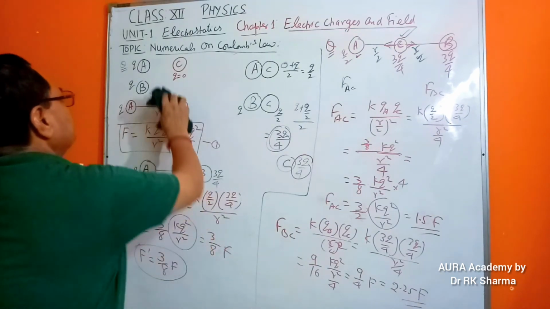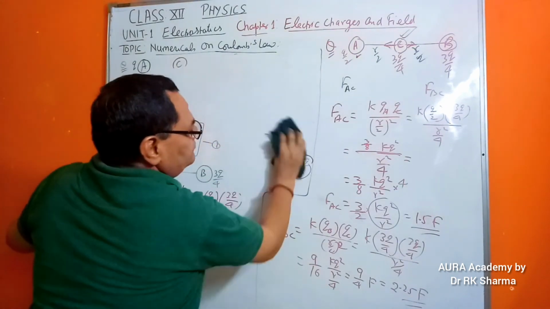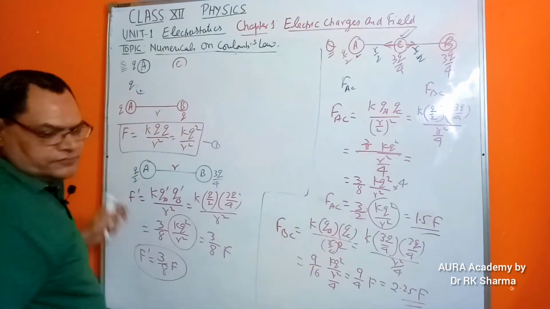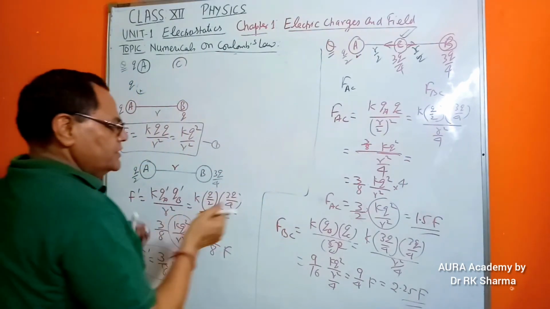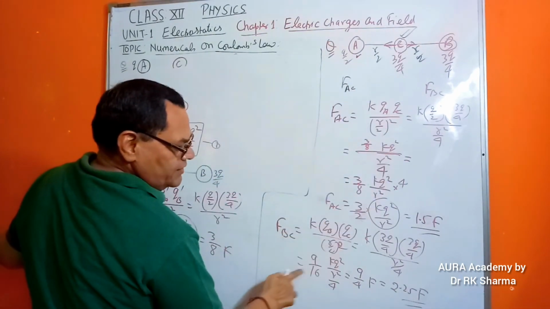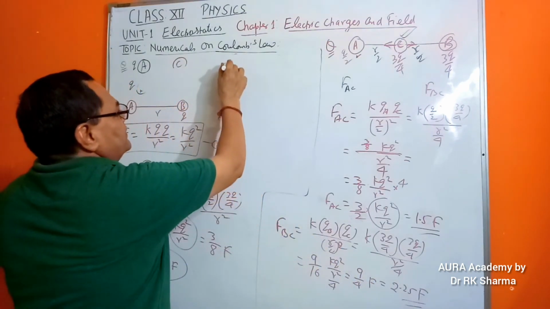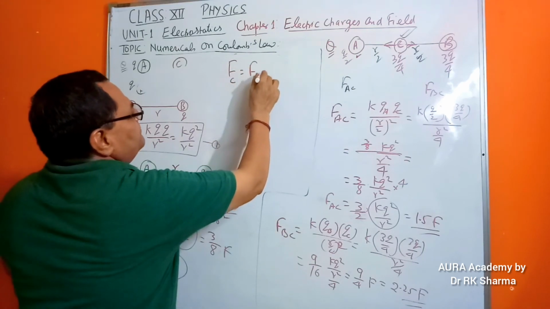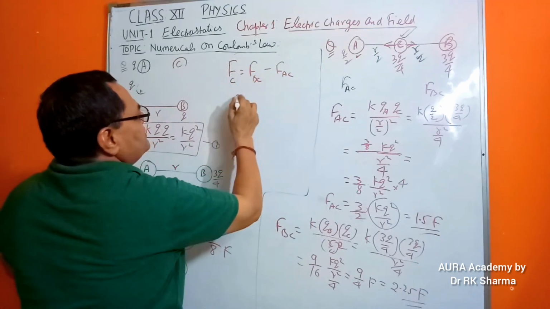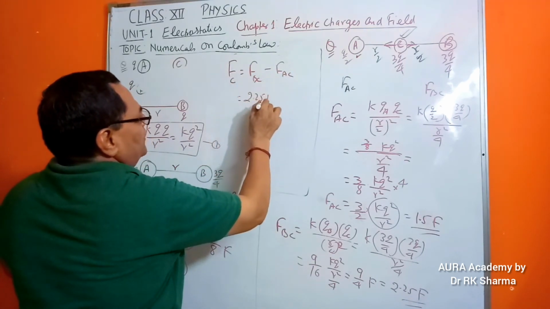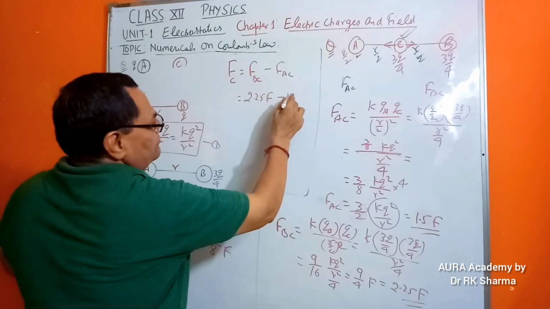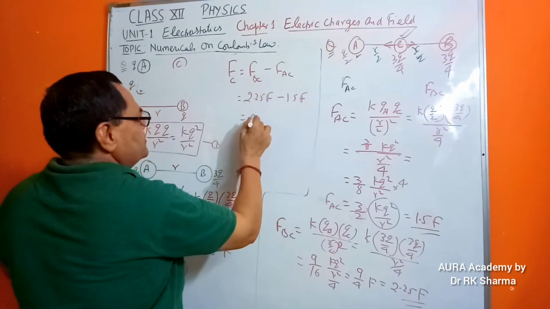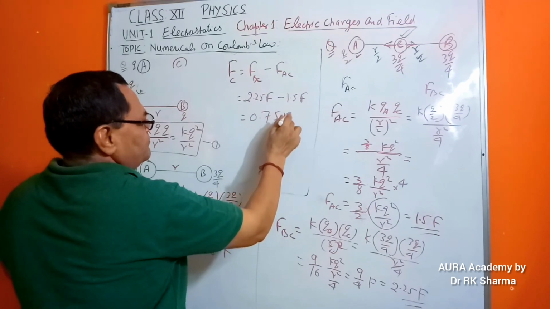Because BC is greater, the F net at C will be equal to FBC minus FAC, so this is 2.25 of F minus 1.5 F, which comes to 0.75 of F.